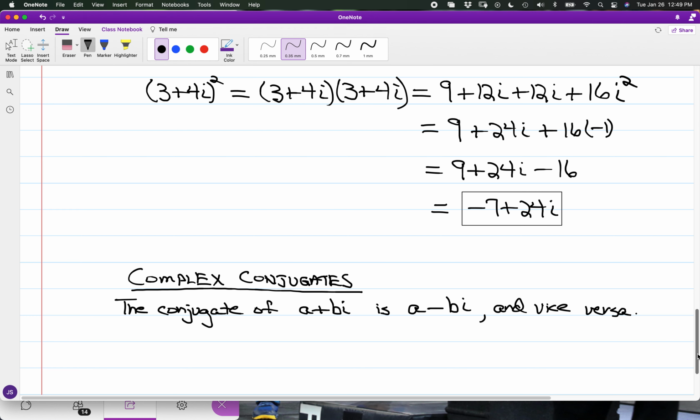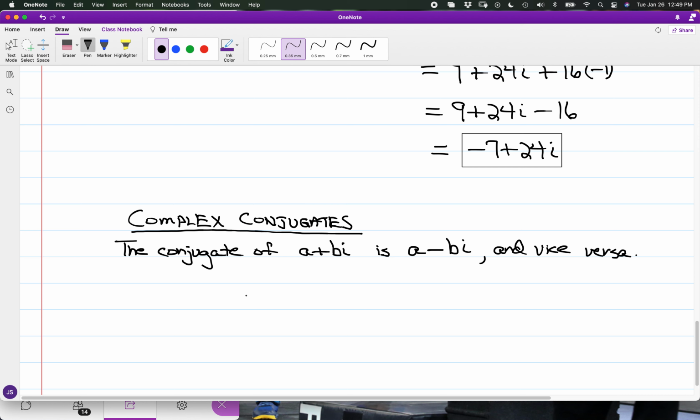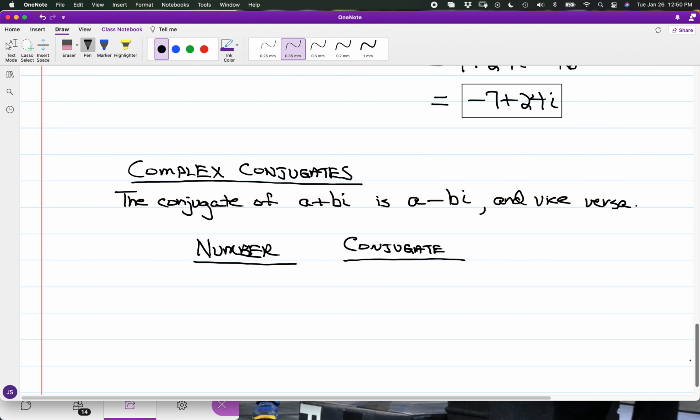Just looking at what we have in the categories, if you're looking at a number and determining the corresponding conjugate, let's start out with 4 plus 3i.